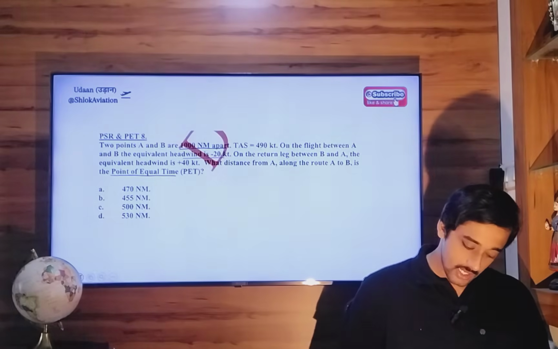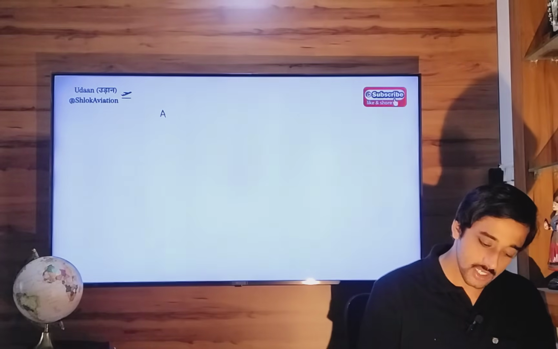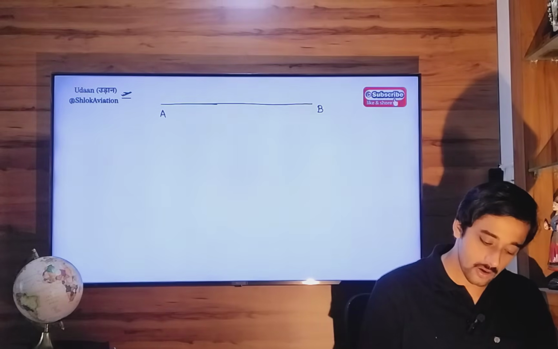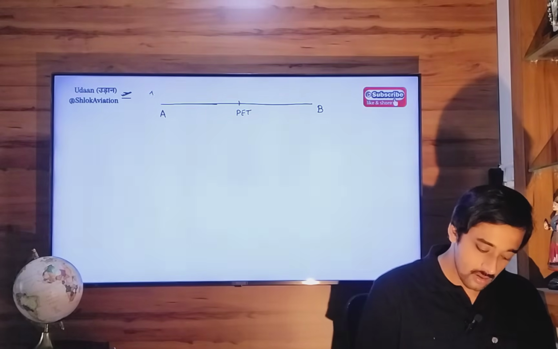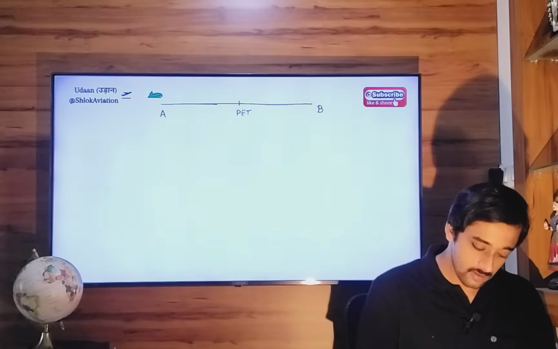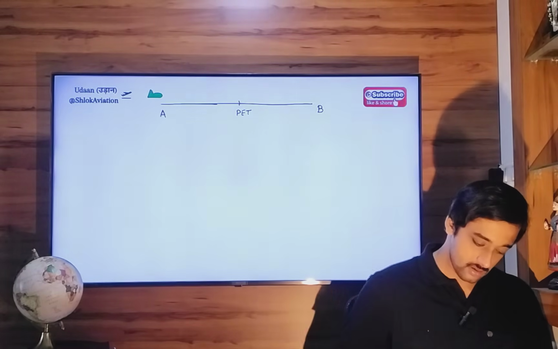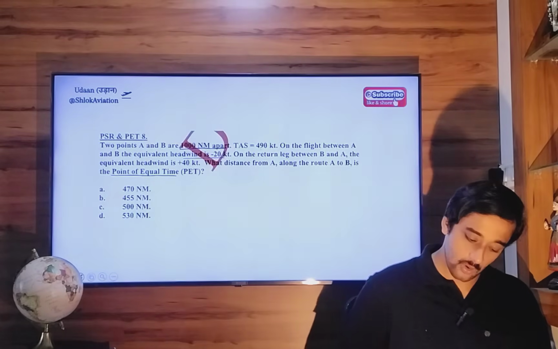Okay, so let's draw this. This is your departure, this is your destination. This is your point of equal time or critical point. This is your aircraft. True airspeed of this aircraft is 490.